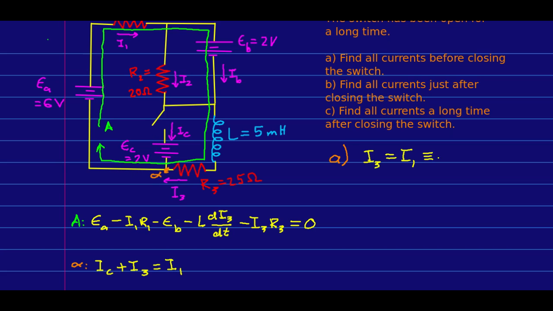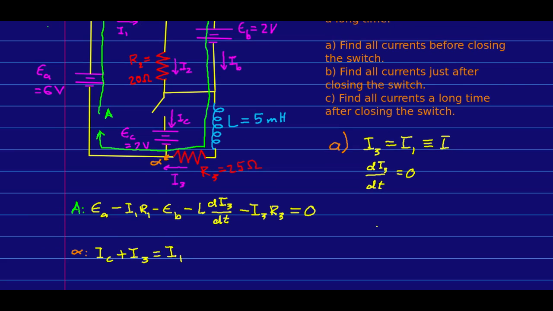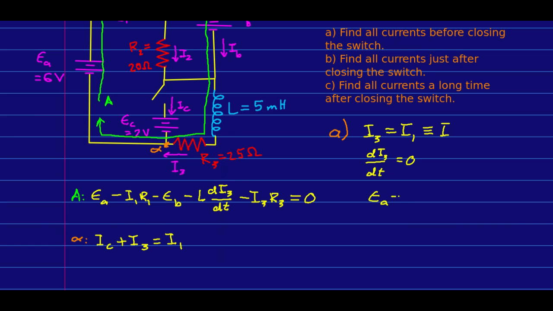And so I'm just going to call that I, and then that makes the loop law for A much easier because I also know that initially before I've closed the switch, dI3/dt is 0. In other words, there's 0 EMF from the inductor. And so that loop law just becomes, which I can solve for that current.